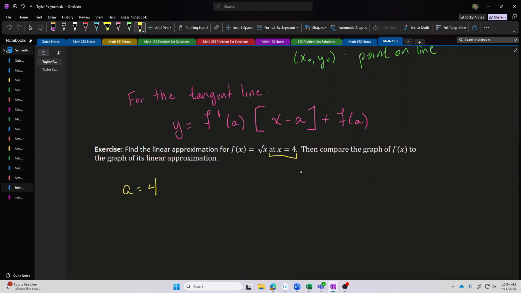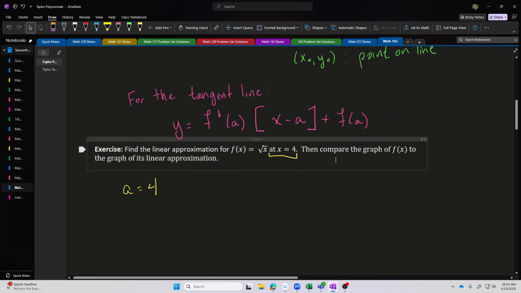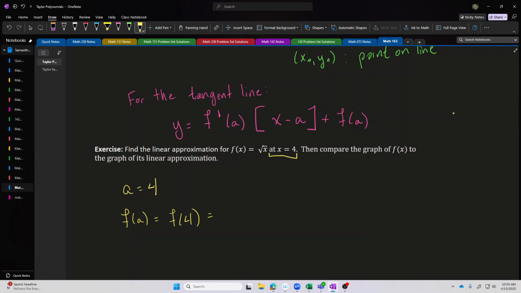So now that I know the value of a, I can also try and find the value of the original function f evaluated at a. So f of a would be f evaluated at 4. Our function in this problem is the square root of x. So f of 4 would be the square root of 4. And so that square root of 4, that 2, would be the value of f of a in the tangent line formula.